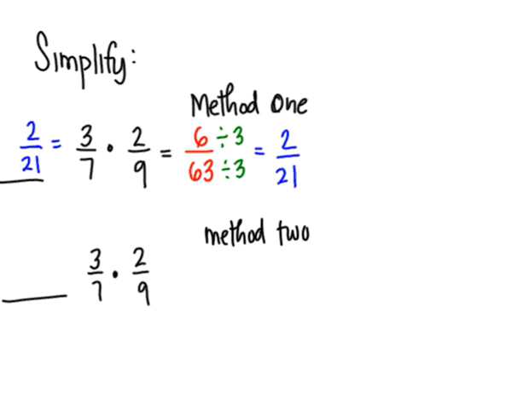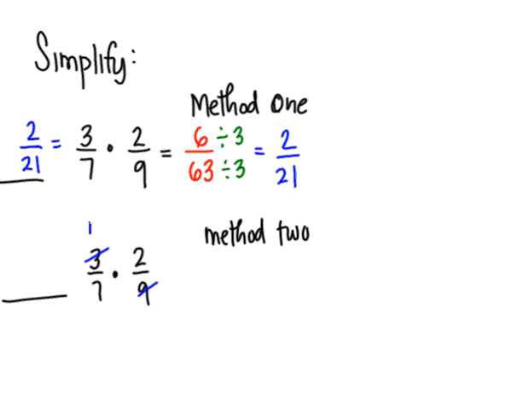Method 2 is a little easier though. So what you're going to do in method 2 is actually reduce first. When I look at these fractions, I see 3/7 and 2/9, and they don't reduce within themselves, but they can cross-reduce. For example, I see a 3 in the top and a 9 in the top. 3 and 9 go into each other by 3.